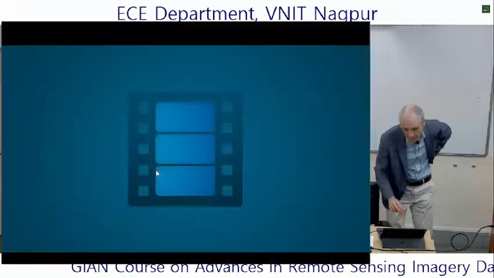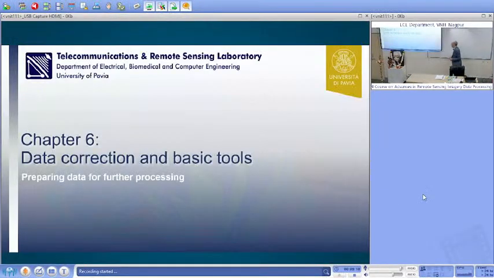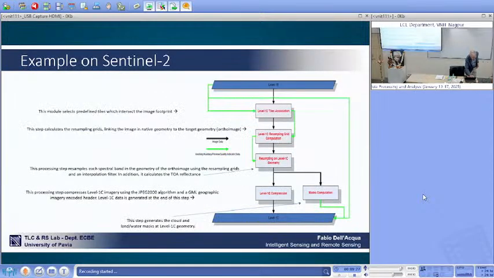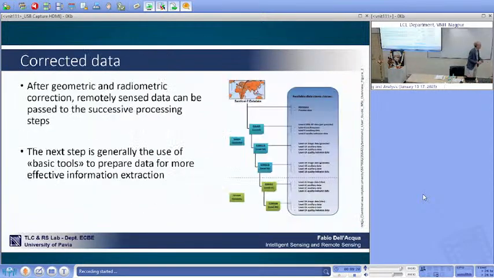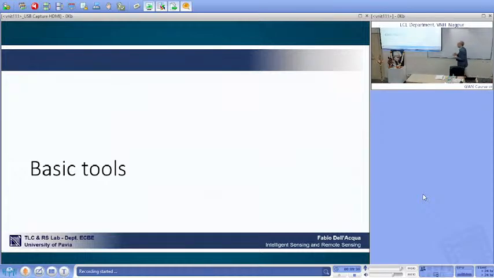So now, let me wrap up the discussion about the levels, which we went through in the first part of the morning, and let's now move to what we want to do with this data.